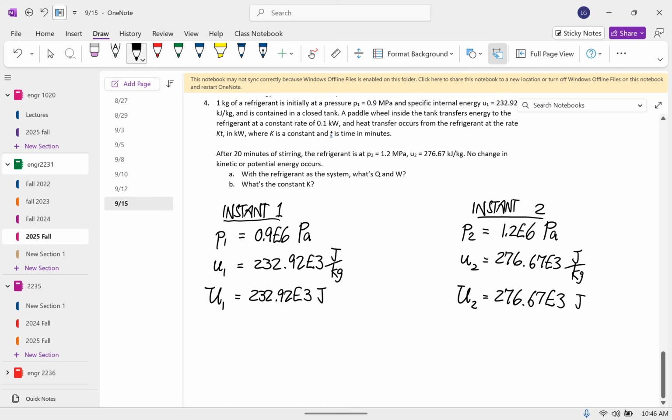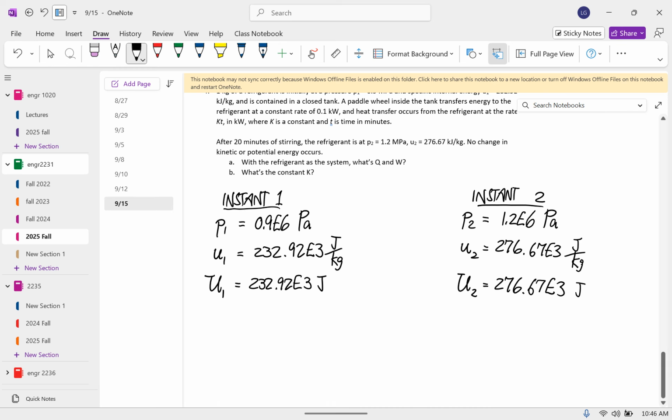Okay, well, I don't think there's really any reason to change from minutes to seconds now that I look at it. We're just trying to figure out how much work is done. So going from instant 1 to instant 2, we know it's 20 minutes. Oh, we are going to have to calculate that.